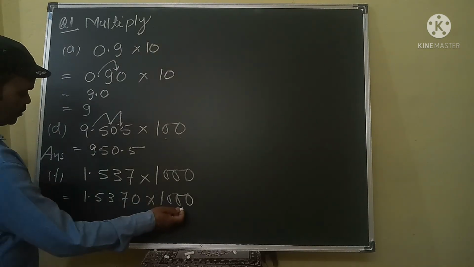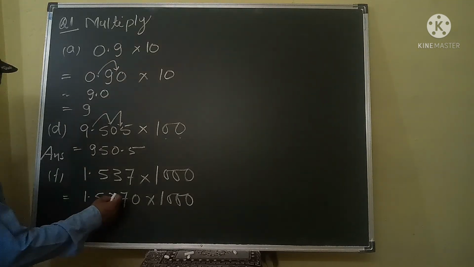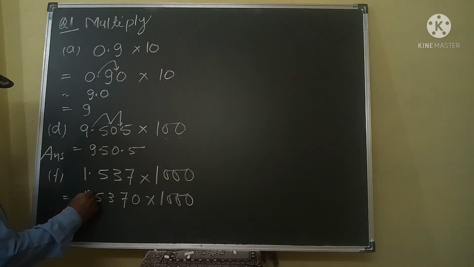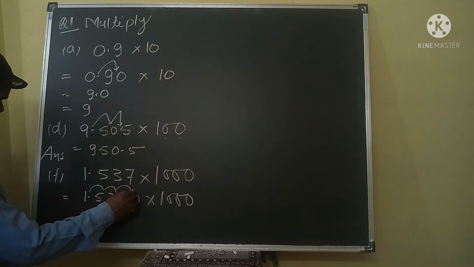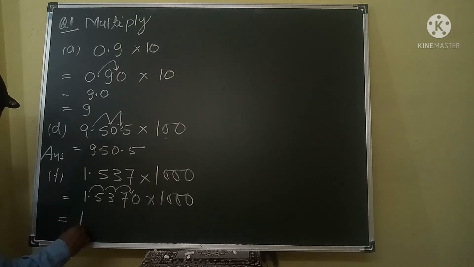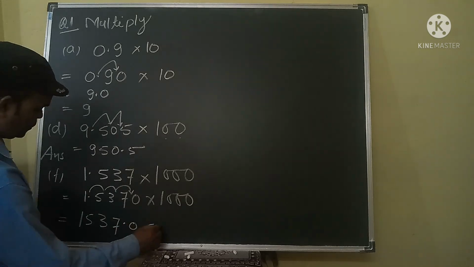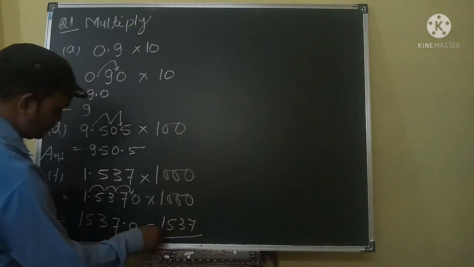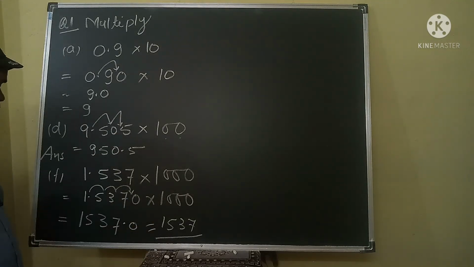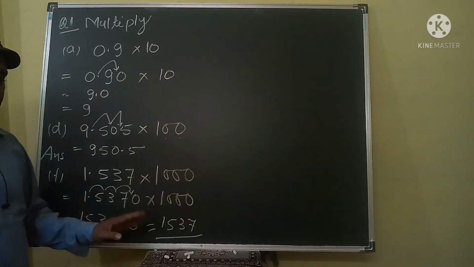Now in 1000 the number of 0s is 3, so we will move the decimal point 3 places to the right. Now look here. This is the first movement, second movement, and this is the third and final position of the decimal point. So it will give you 1537.0, which is equal to 1537. Okay. This is the required answer for the required question.